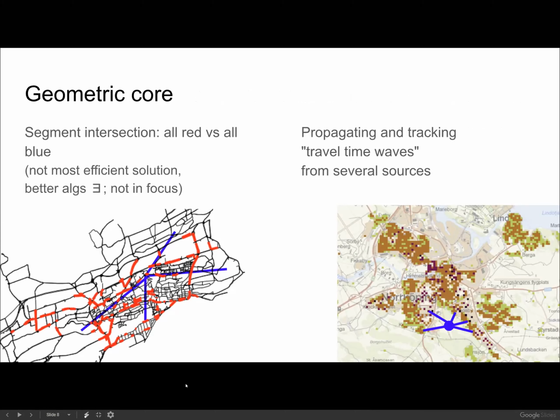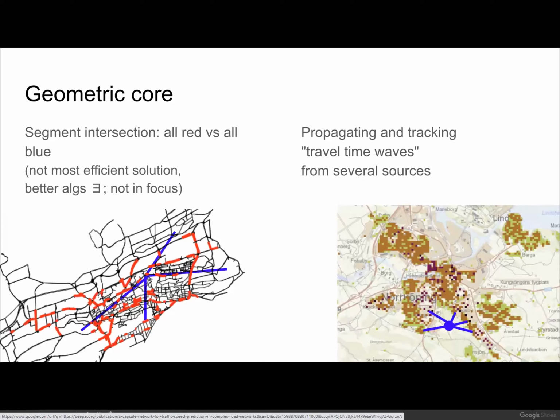And if we look even deeper into what is behind these questions, then we will get to the practical geometric questions. For the map overlay, essentially what we want to do is to find the red-blue segment intersections.